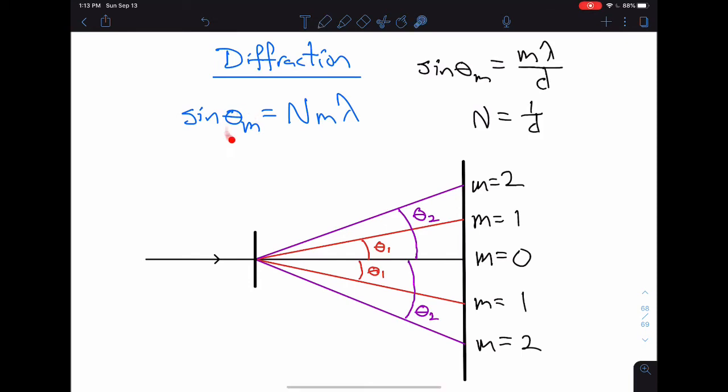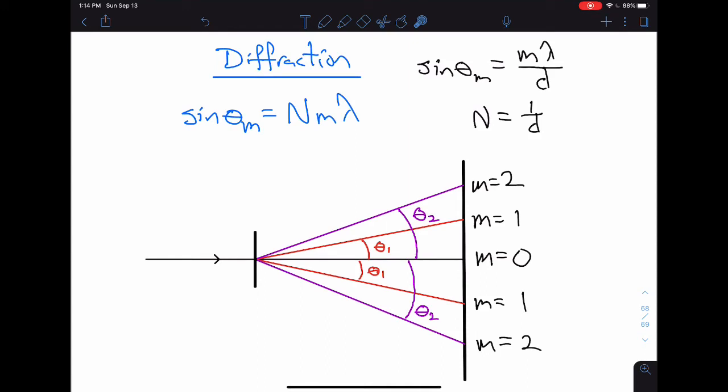This angle here, theta sub m, is always measured from the order you're interested in to the 0th order. So for the 0th order itself, that angle is just 0. Okay? But for theta 1, I'm at my first order line and I have to measure over to the 0th order. For theta 2, I have to measure from here to the 0th order. If I had a theta 3, if I had a third order, I'd have to measure from that third order all the way over to the 0th order.